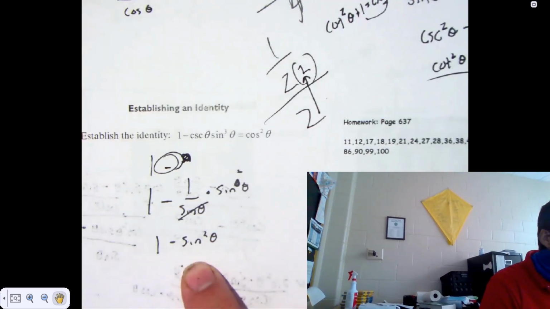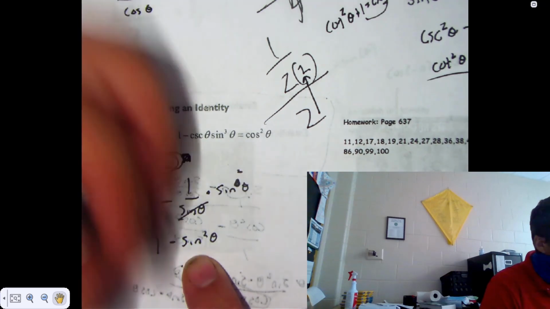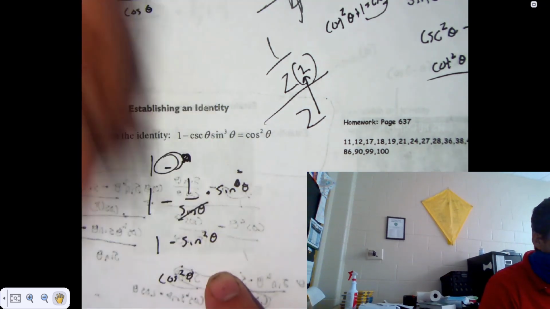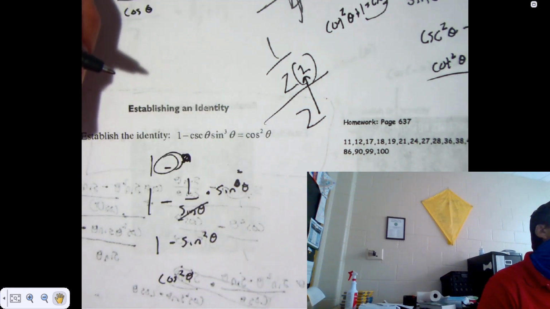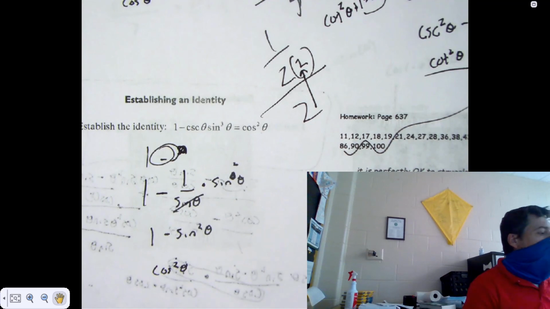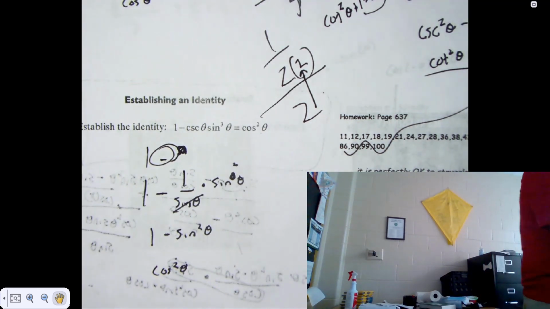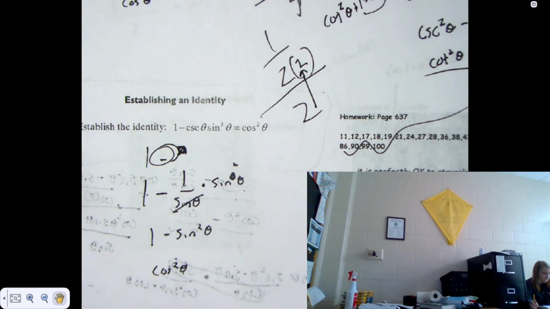And at least 3 times in our notes, this was talked about. That's cosine squared of theta, kids. That was the goal. Now, obviously, you guys don't have a book. But, so you're not doing that. You're doing this. Very own identities.